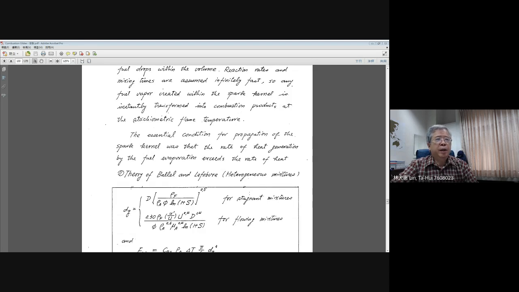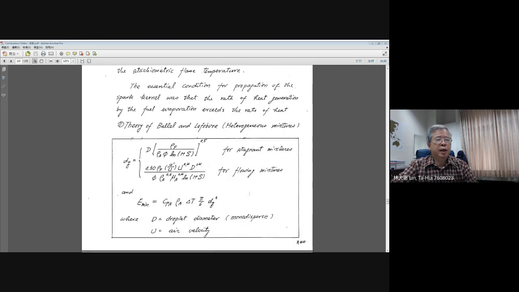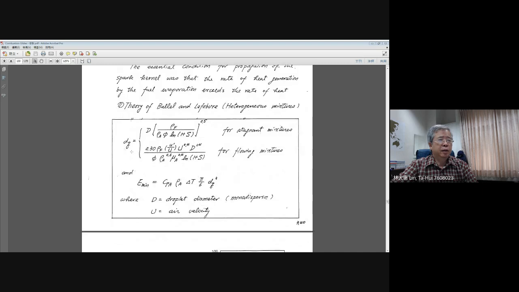Based on these assumptions, they can estimate the quenching distance, or you can relate it to the minimal ignition energy as we described. Minimal ignition energy is equal to Cp times delta T times the mass, which means the total enthalpy from the ignition source.